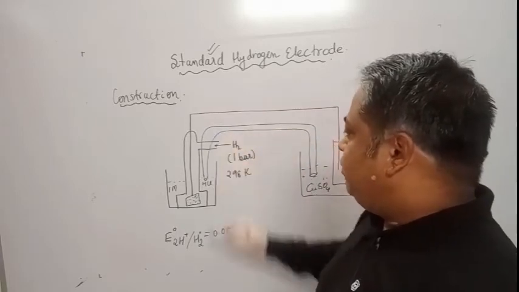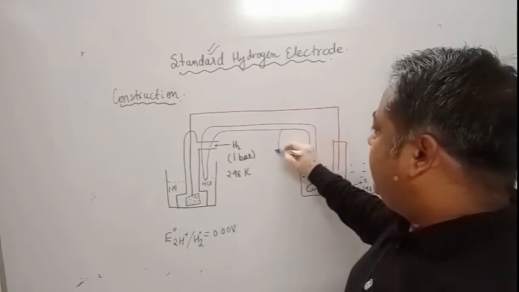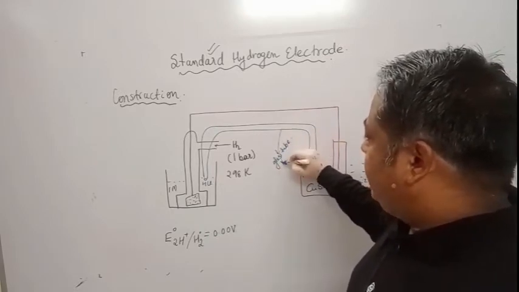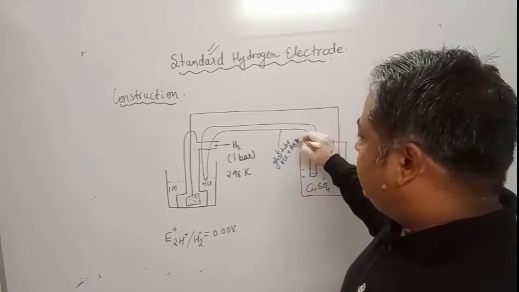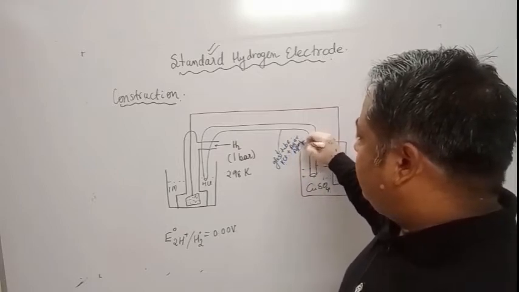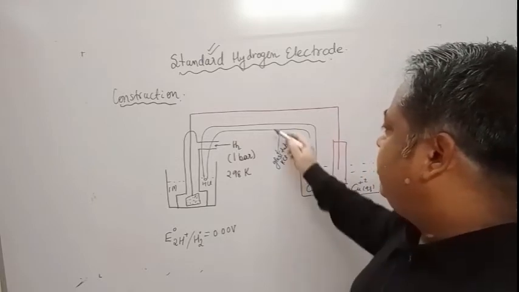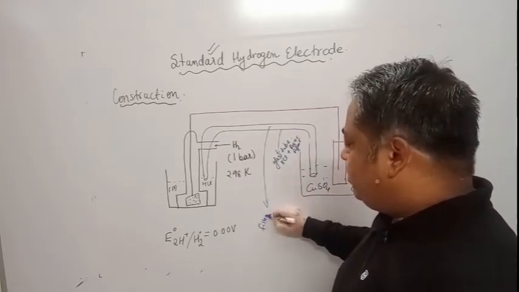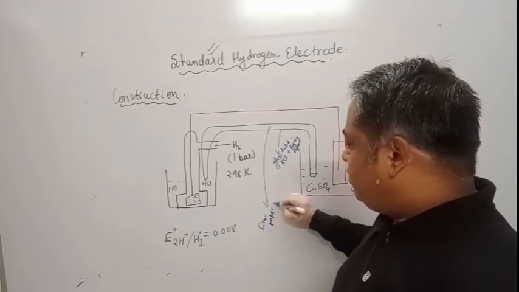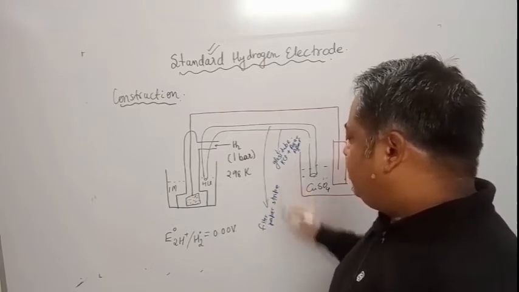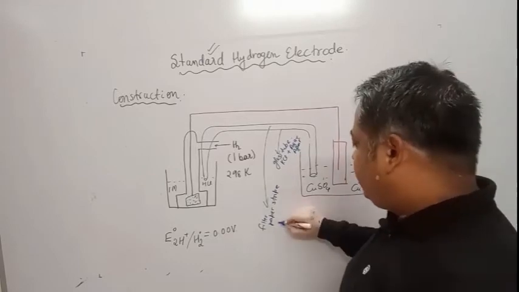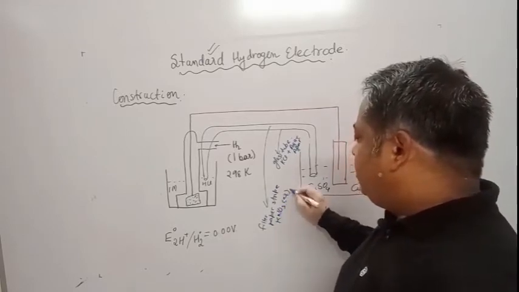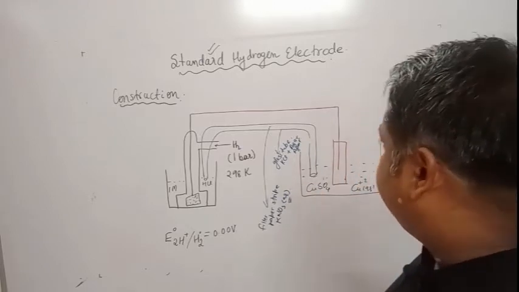This salt bridge can be of two types. It could be made up of a glass tube containing KCl plus agar-agar, or an easier method can also be there. We can take a filter paper strip containing KNO3 solution, making it wet.